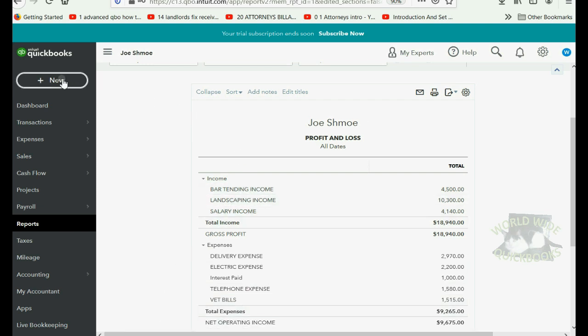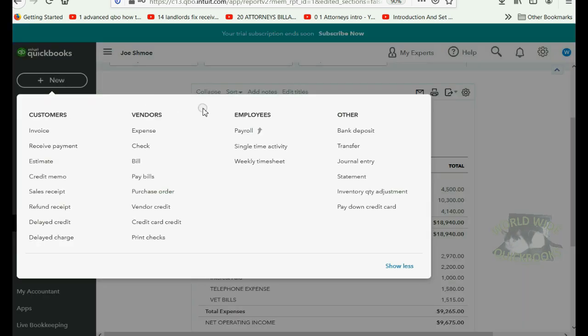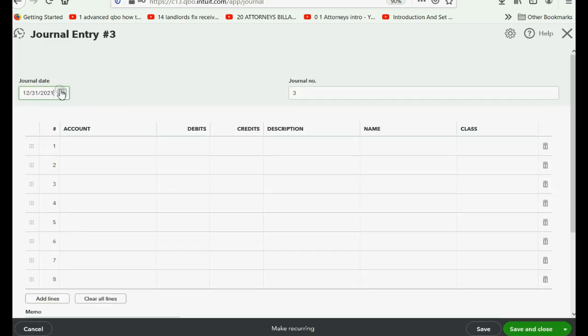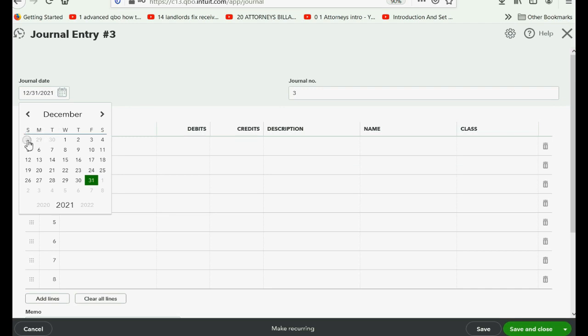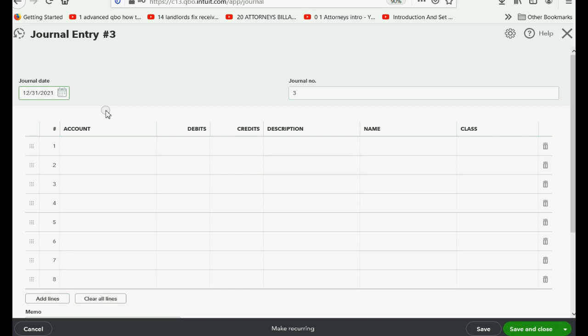So we click New, Journal Entry, and we know that the date of the journal entry for adjusting for W-2 items should be December 31, because we are recording a summary of each of these expenses throughout the year.